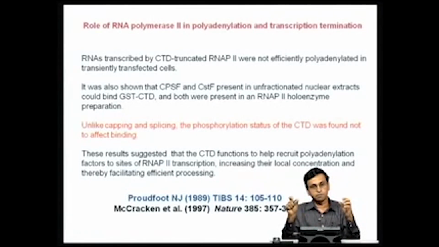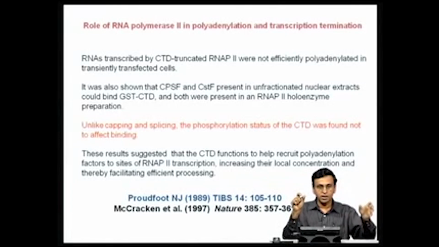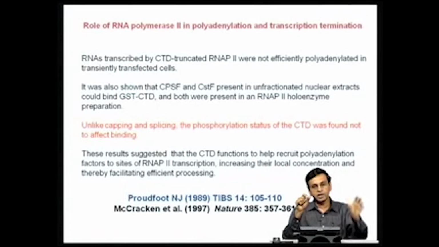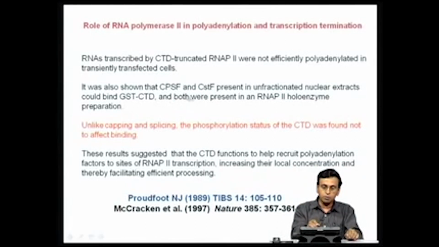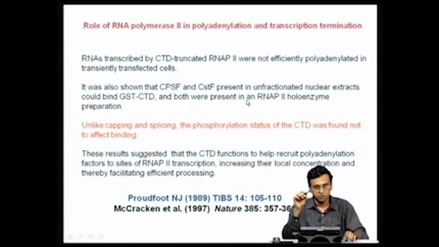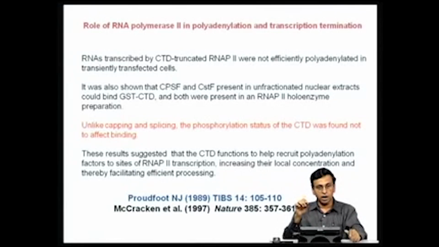So the control is only the GST, whereas the actual protein will be GST-CTD, and proteins which are retained only on a GST-CTD column but not on a GST column indicate that it is the CTD of RNA polymerase II which is interacting with these proteins. So when these experiments were done, they found that both proteins involved in polyadenylation, CPSF and CSTF, can be retained on GST-CTD columns, indicating that these proteins interact with the carboxyl terminal domain of RNA polymerase II.